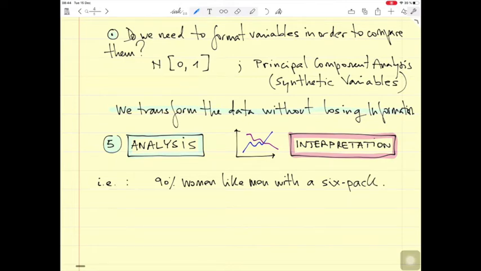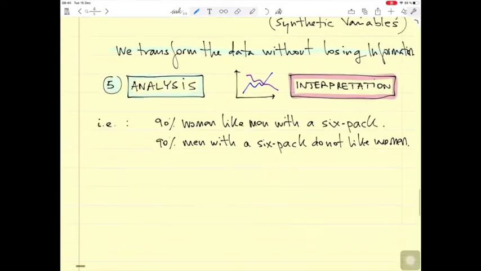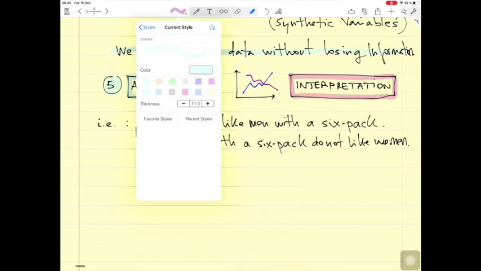But we could also say that 90% of men with a six-pack do not like women. Okay. So we have done some analysis, and at some point we get to some interpretation of the data. Okay. And we put it in a business statement that could be like this. This is valuable for the customer. Okay.